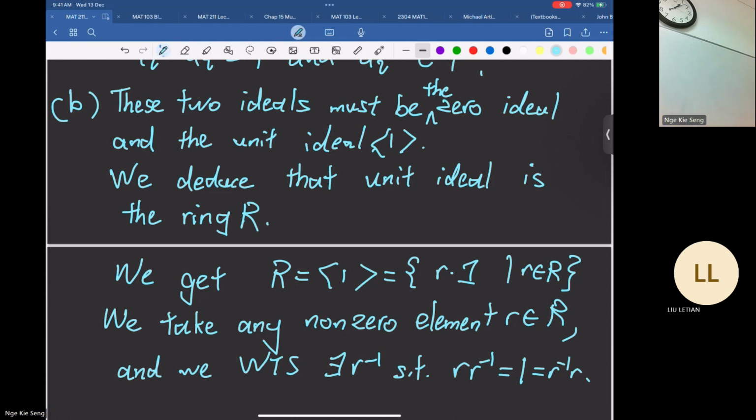Okay, so this means what? Maybe we change the notation a bit, otherwise it will clash again. Let's change this non-zero one to m. So m is something in R.